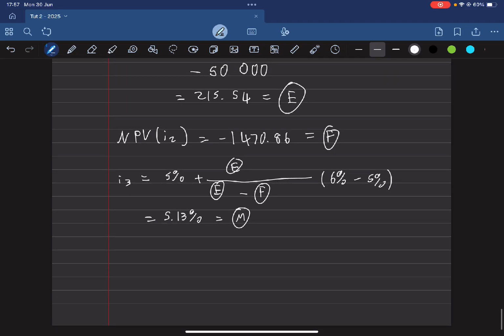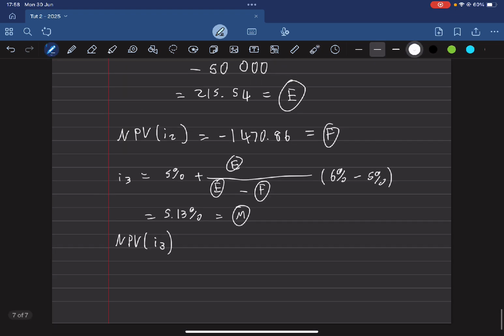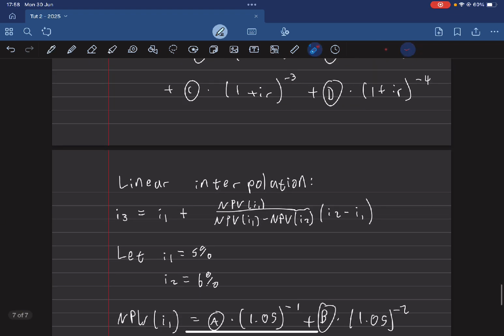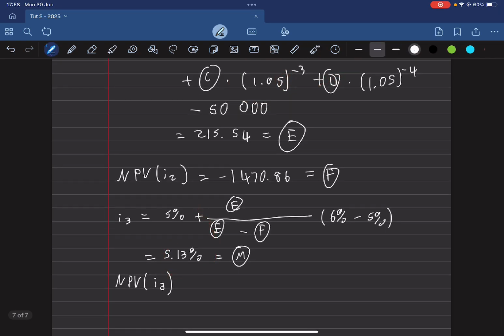Now we need to work out the net present value at this new interest rate to see which one we should replace. For the net present value at I3, we sub into this formula again, doing the same as before, but instead of 5% we use 5.13%.